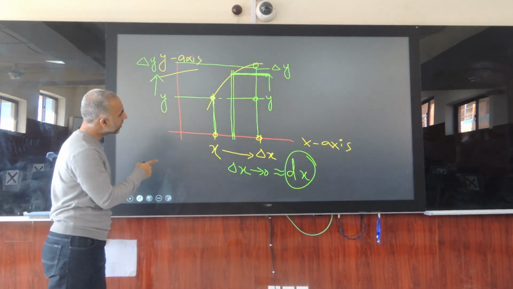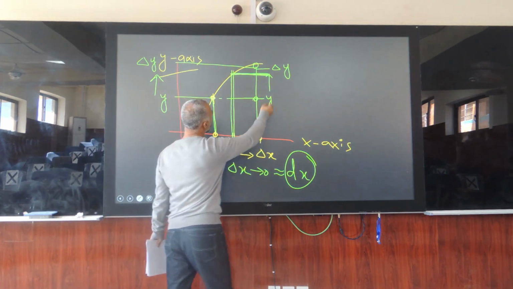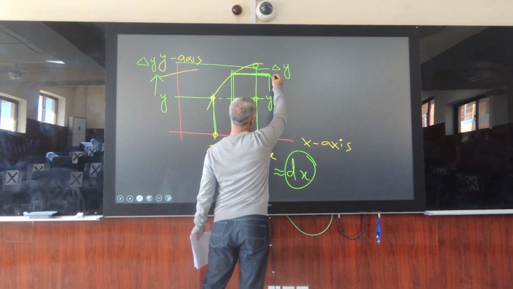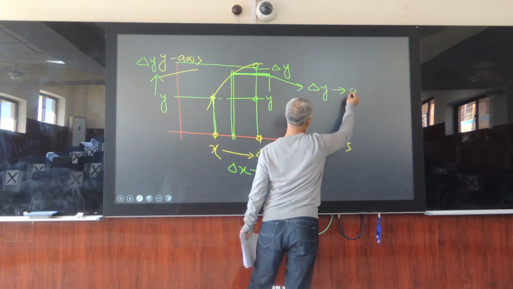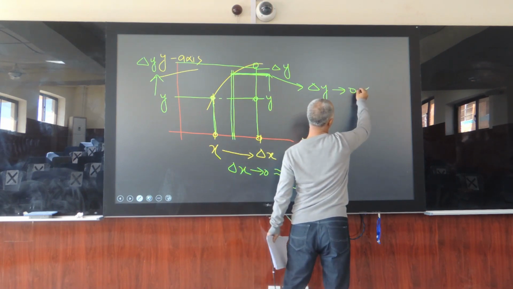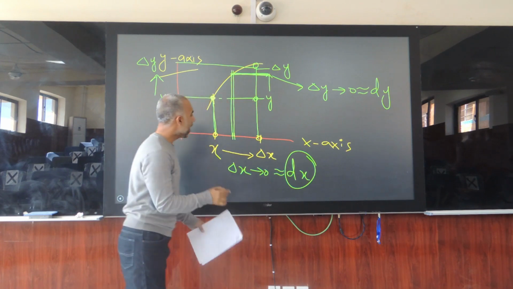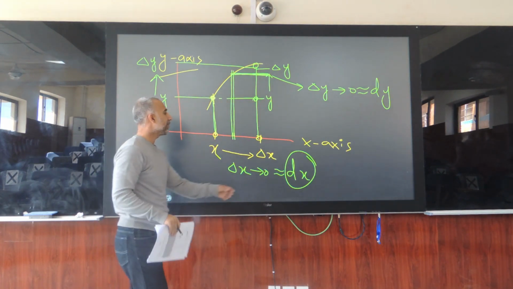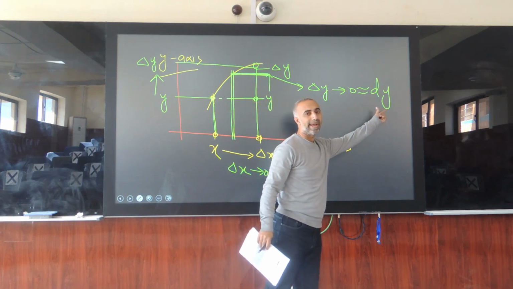Once the small increment happens along delta x, this delta y also approaches 0 and becomes dy. Against a small increment of the x-axis, there is a small increment of the y-axis.